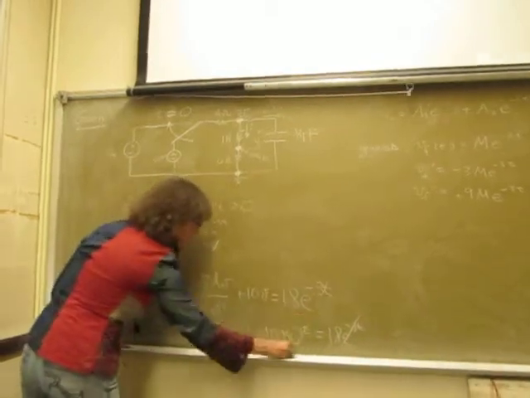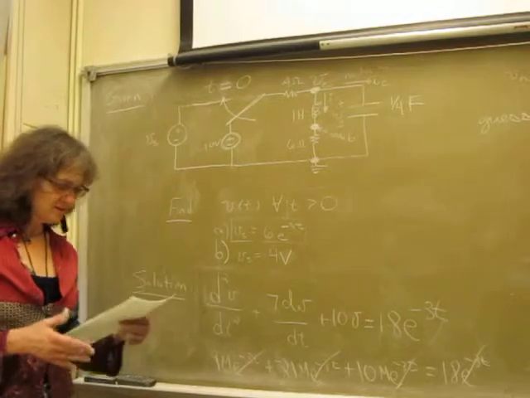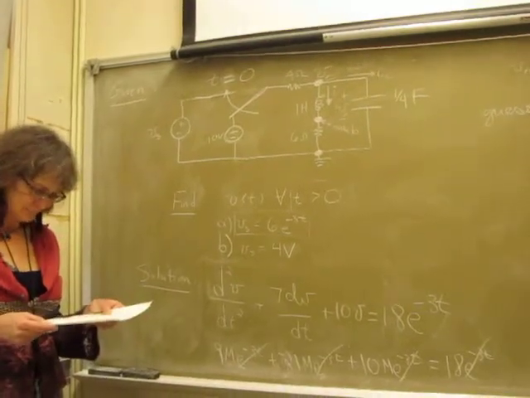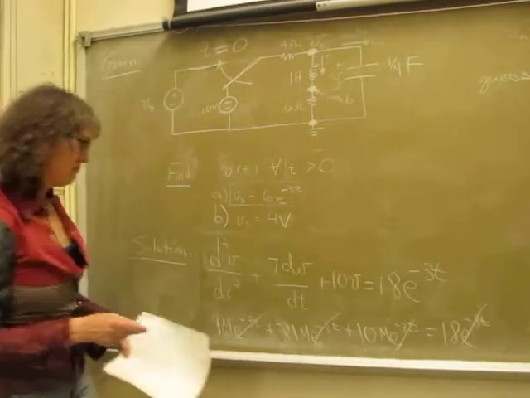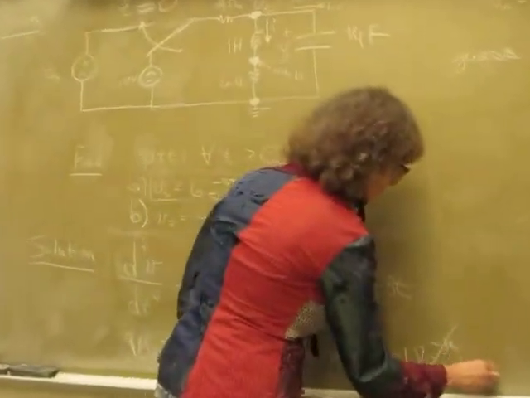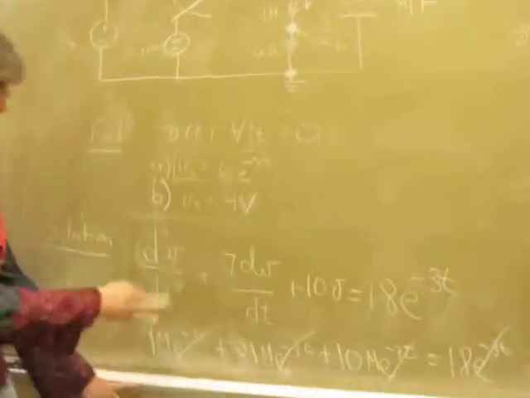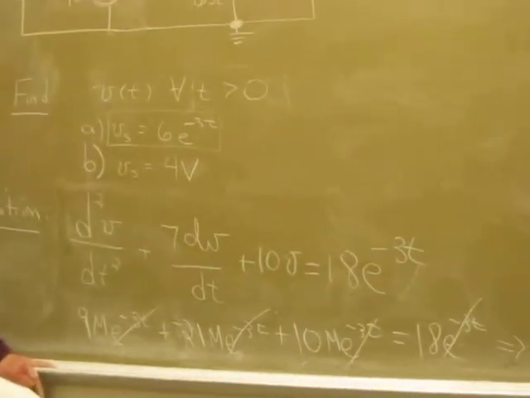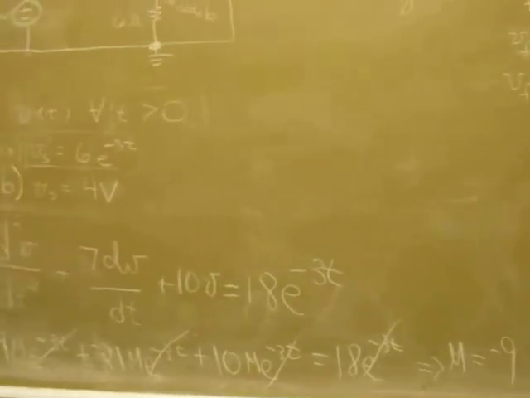All of the e to the minus 3t terms can cancel out. Solve this equation for m, and you get minus 9. So if m is equal to minus 9, we've got a solution. My guess was pretty good.